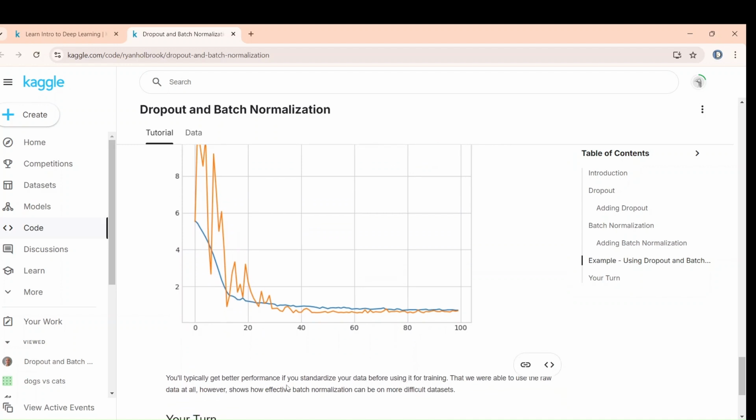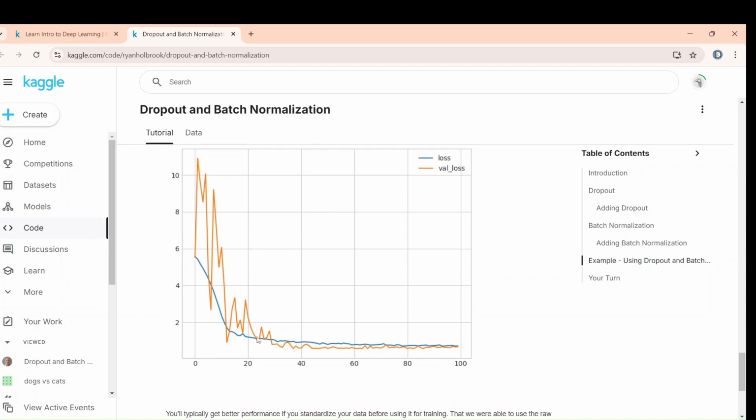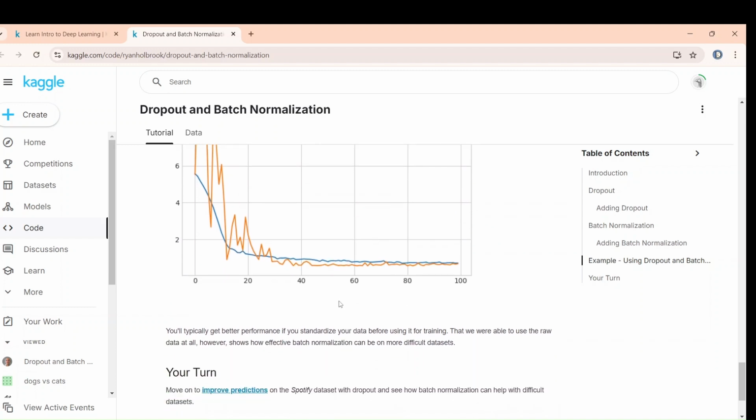You'll typically get better performance if you standardize your data before using it for training. That we are able to use the raw data at all, however, shows how effective batch normalization can be on more difficult datasets. See how it has performed so well at the end? This is due to the batch normalization.